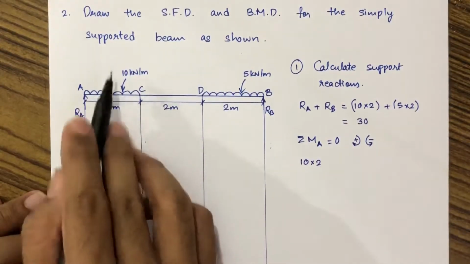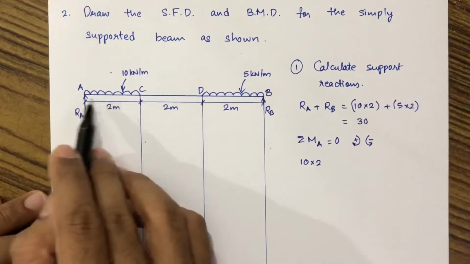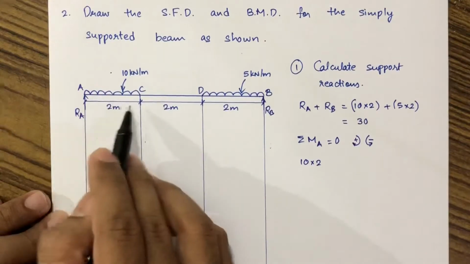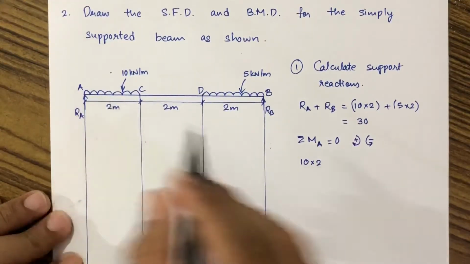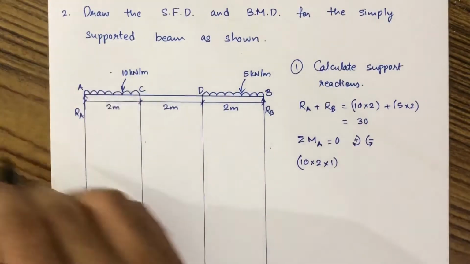And this point load will be at a distance of 1 meter because it is acting at the center of this UDL. This is total 2 meter. So at the center it will be from here 1 meter. So 10 into 2 into 1 and it is going clockwise, hence plus.